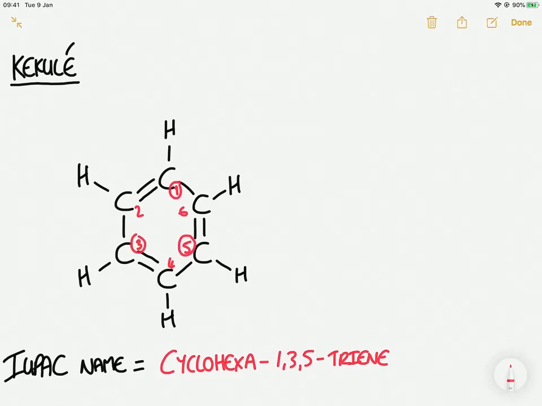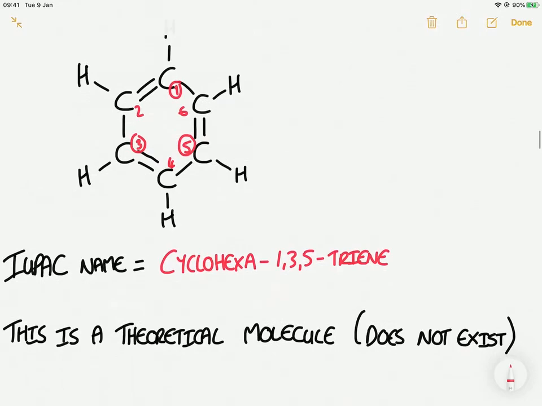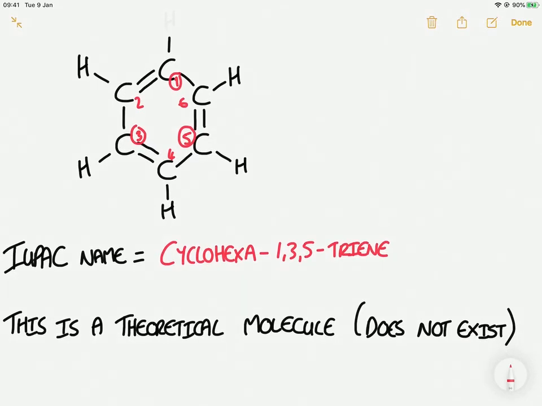So the important thing to point out about this, and we might as well be upfront about it, this is a theoretical molecule which does not exist, right? What we mean by that is the Kekulé structure is wrong, okay? There is no molecule with actual alternating single and double bonds and 6 carbons in a ring, right? Instead, the benzene molecule that we know has a structure that's more akin to the kind of picture that was on the right earlier.